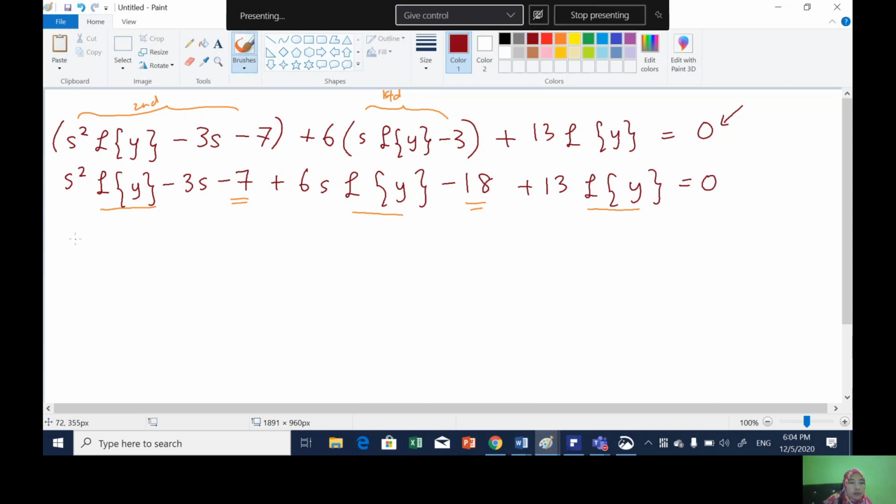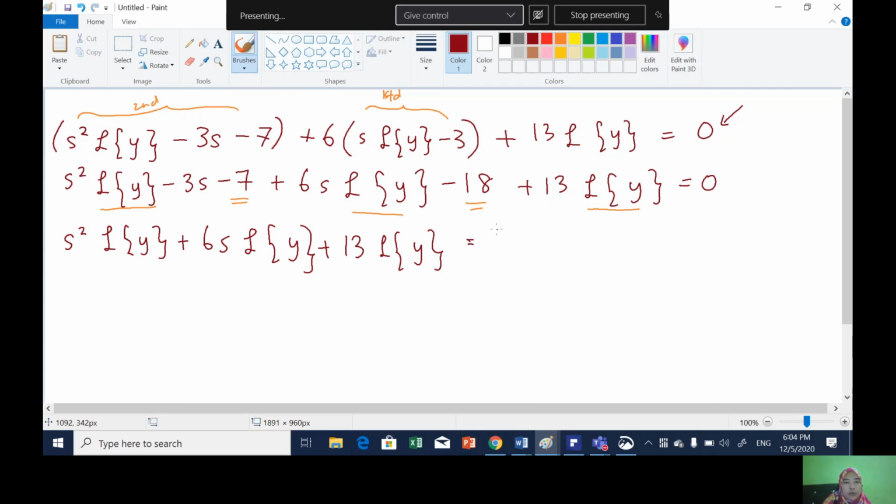Properly as here: s squared L of y plus 6s L of y plus 13 L of y. Then the remaining part, bring it to the right hand side.